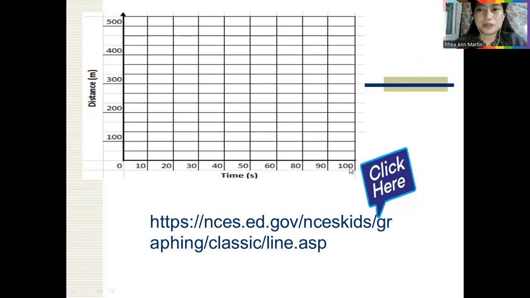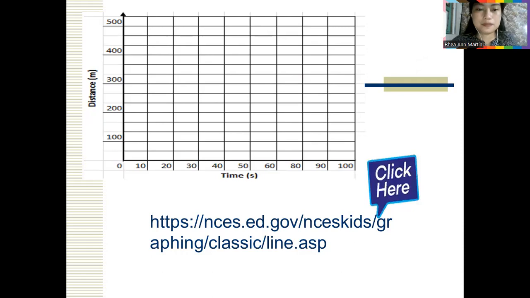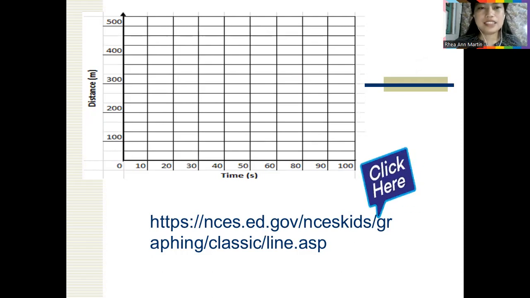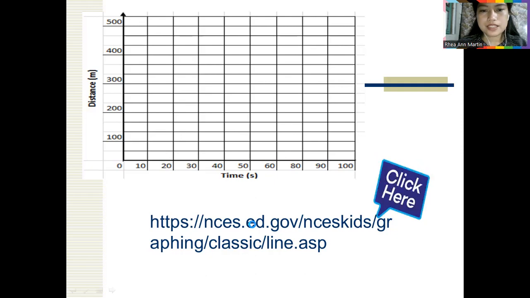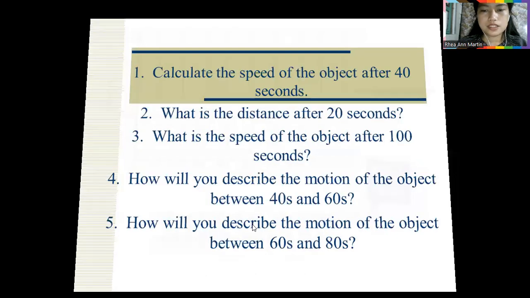But did you know that I found a graphing paper online? So gagawa tayo ng line graph via online. So please take note of this one and access. So let's access this one.